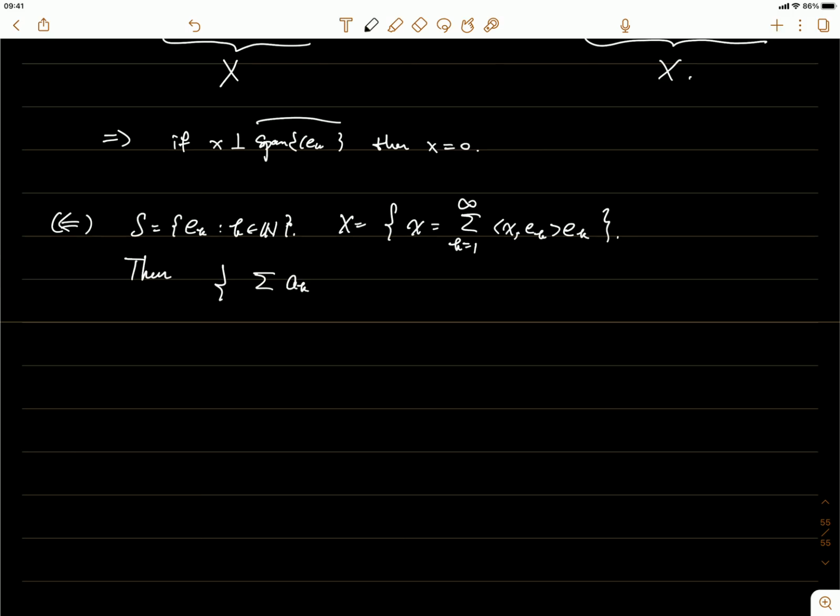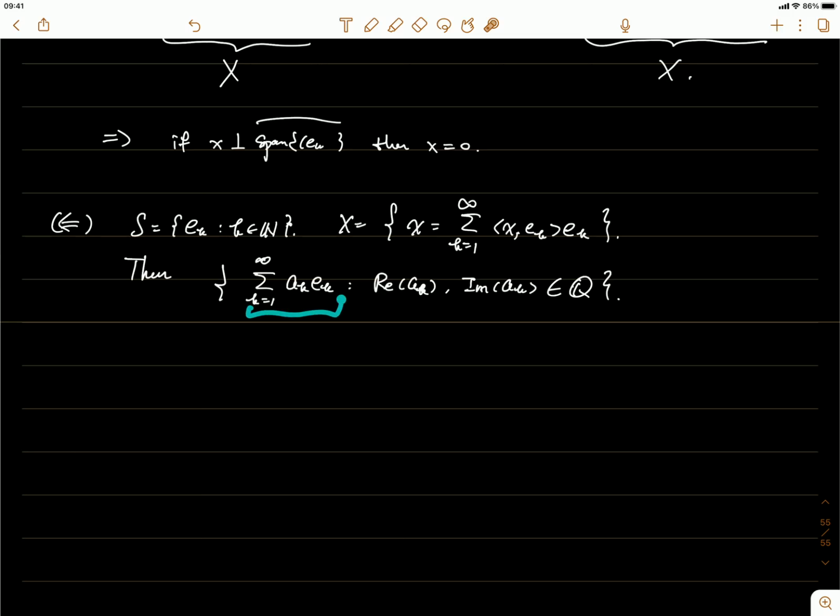Say the sum of ak ek, where if we consider the ak to be possibly complex numbers, then we consider the real part of ak and also the imaginary part of ak to be in Q. Then I know that there are countably many of these possible ak's, because they're taken from a countable set.